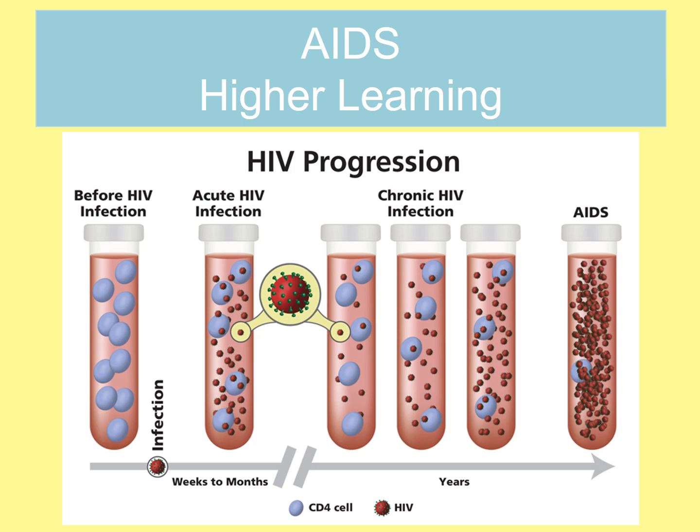Viral DNA then becomes incorporated into the host cell DNA, where it can remain dormant for many years before directing synthesis of new viral particles inside the host cell. These new viral particles can then escape from the T cell by budding and move off to infect other cells. B lymphocytes do make antibodies in response to HIV, but they are ineffective against the viral particles that are hiding inside T cells.